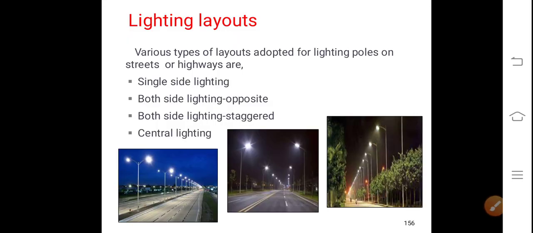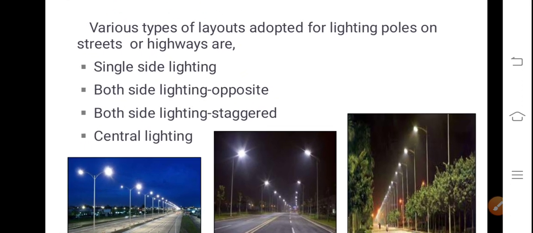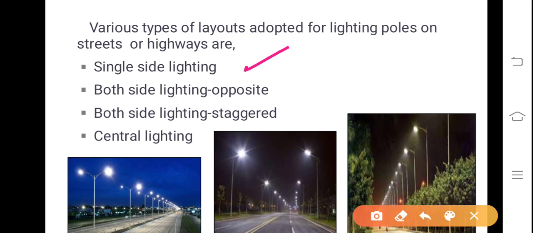Lighting layouts. Various types of layouts adopted for lighting poles on streets or highways are single side lighting, both side lighting opposite, both side lighting staggered, or central lighting.